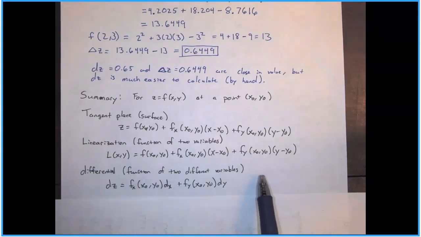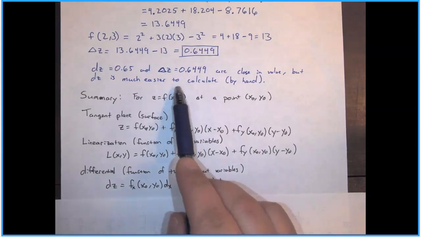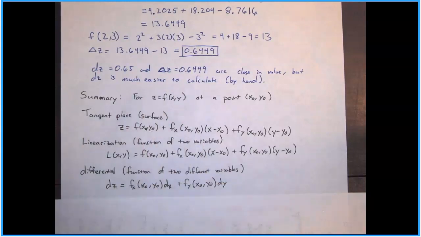The third concept was a differential. Now this is a function of two different variables. The two variables here are dx and dy, and we think of these as small changes in x and y. And what this is used for is to approximate the change in your function value based on changes in x and y. And it uses a linearization or a tangent plane to make that approximation. So it's not the exact change in this function, it just approximates the change in the function.